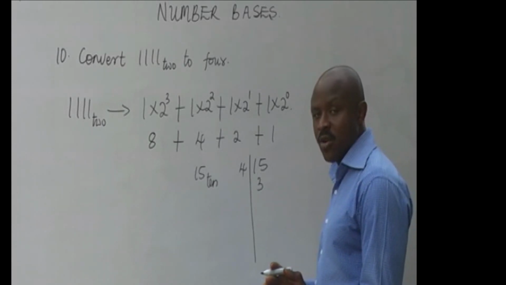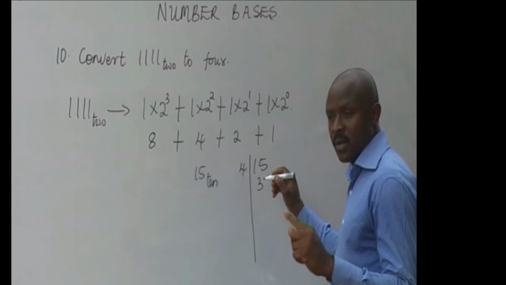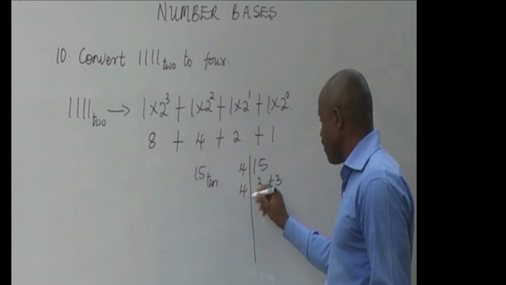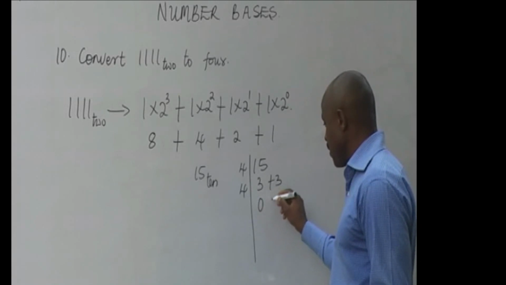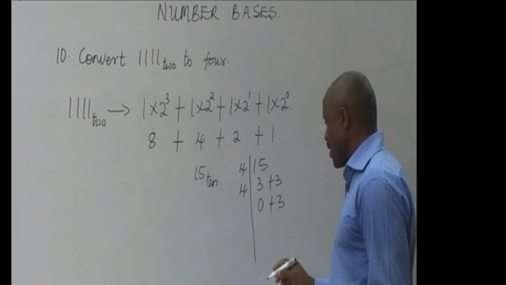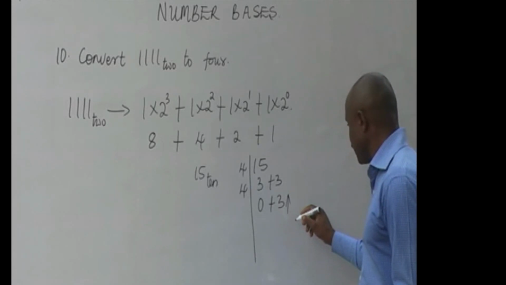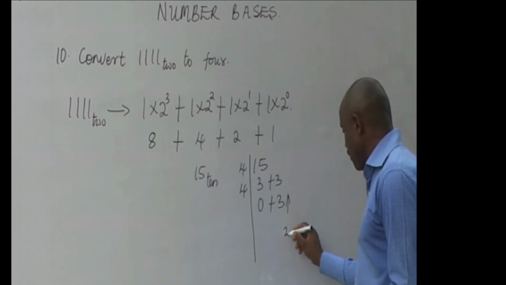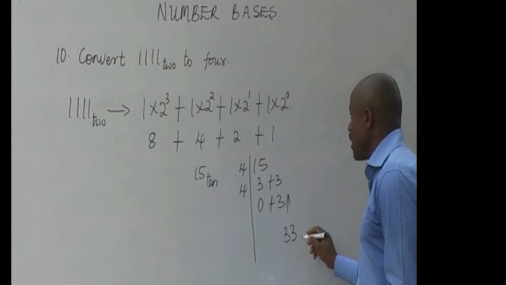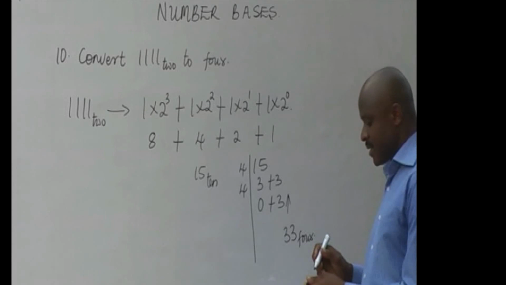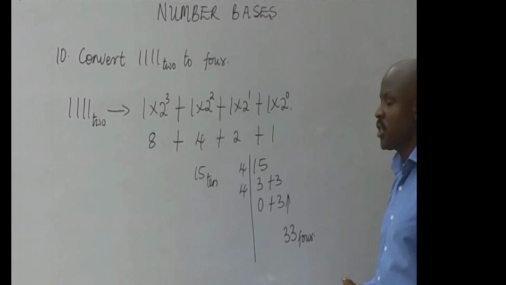If you subtract 12 from 15, you have 3 left. So you have plus 3. 4 divides this, cannot, you have 0 plus 3. So we are going to take the values in this form. It's going to give you 33 base 4. And that has brought us to the end of question number 10.